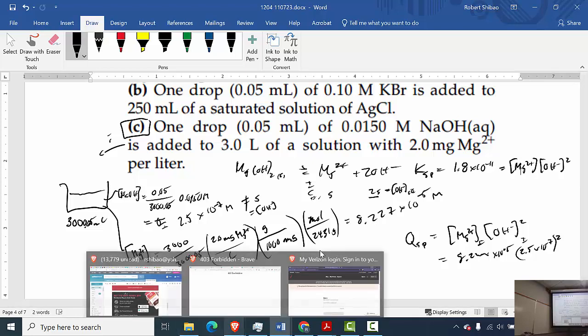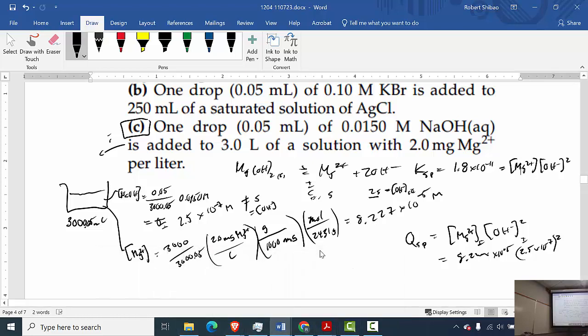So real quick, this hydroxide that we calculated with the solution dilution, is that equilibrium or initial? No, that's initial. What's going to happen here, let's go ahead and calculate.